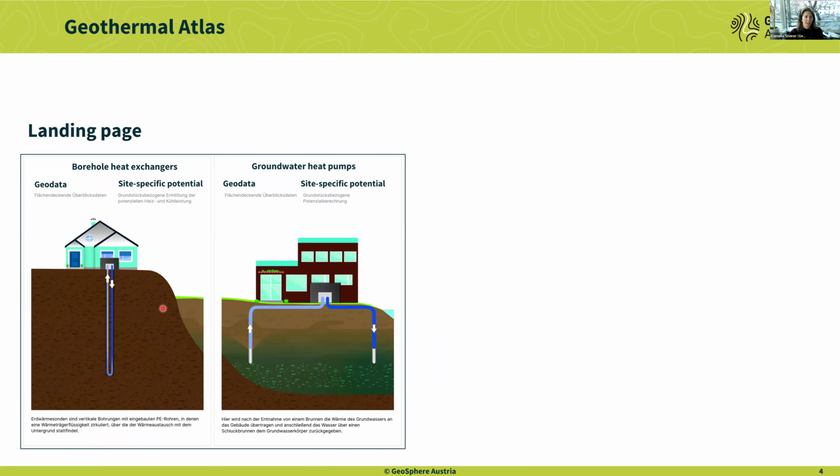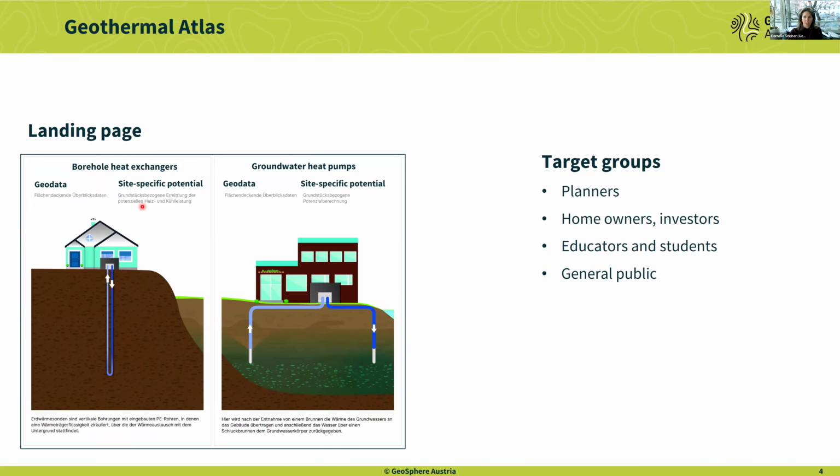You see here in the landing page, we provide geodata. So these are our different geological and also limits of use data sets. And then we have for the borehole heat exchangers a site-specific potential calculation tool that I also want to show you.